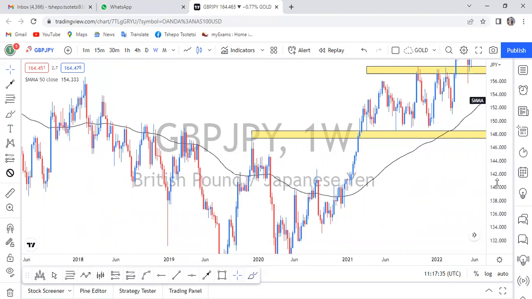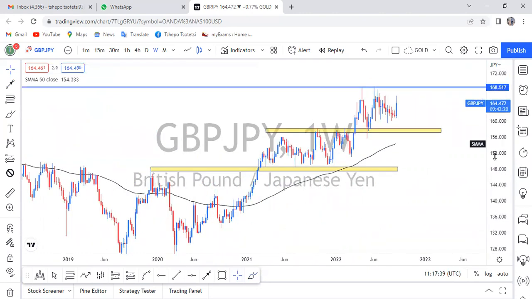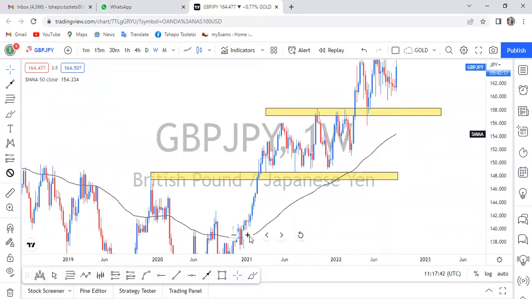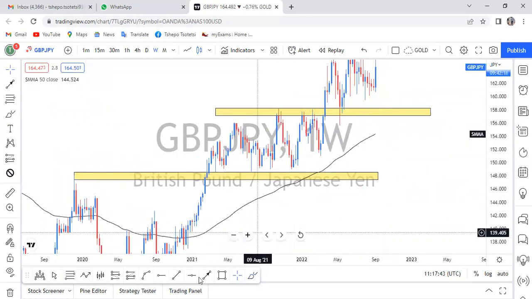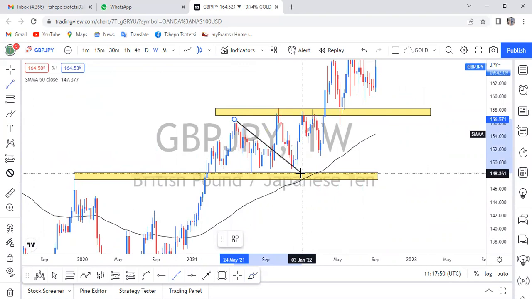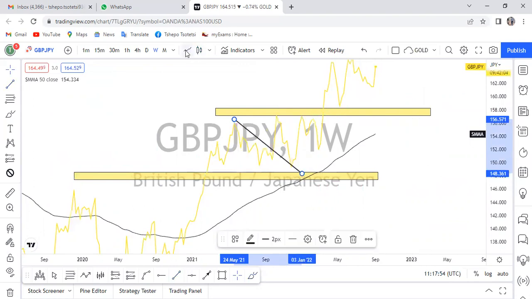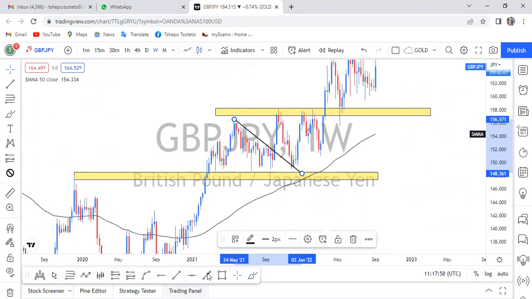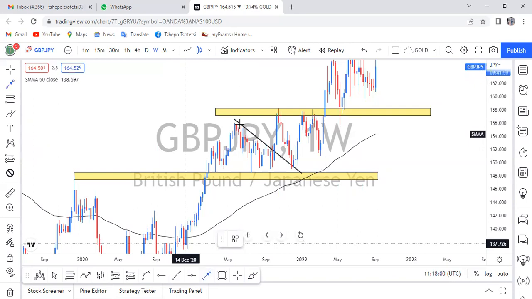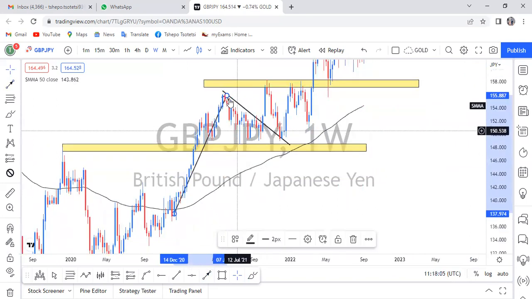We can also take what we call a trend line. A trend line can also act as support or resistance. Let's take our trend line from here to here. When price is below our trend line, this trend line is acting like a resistance.